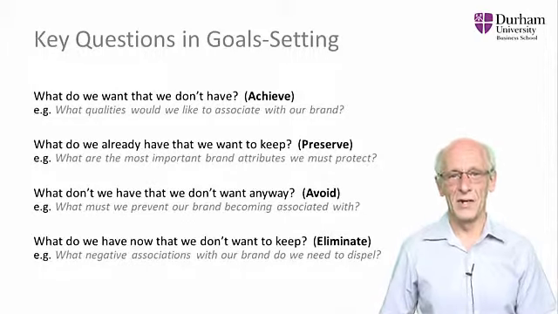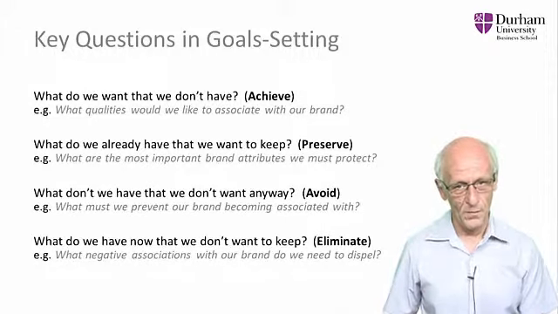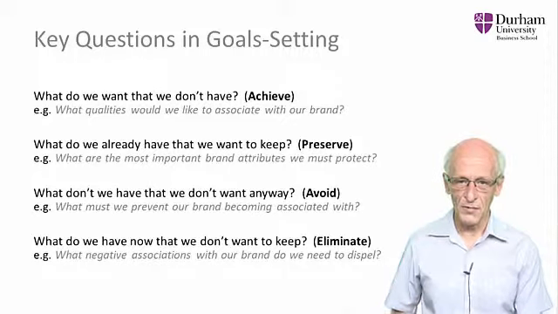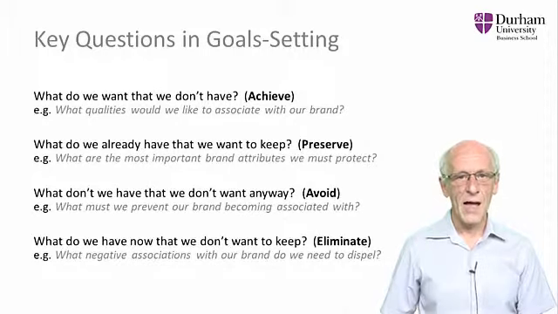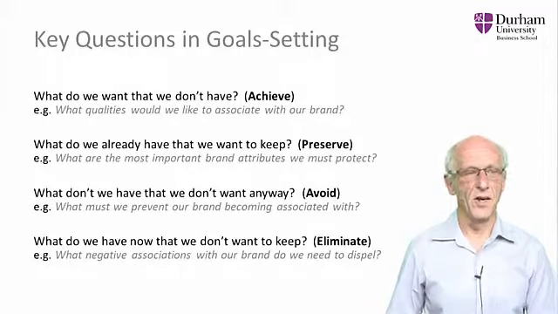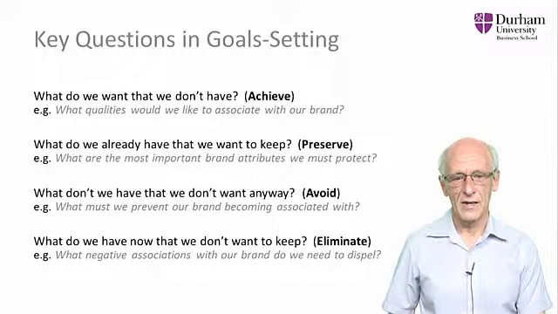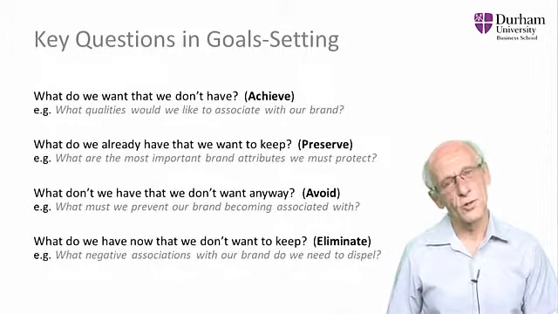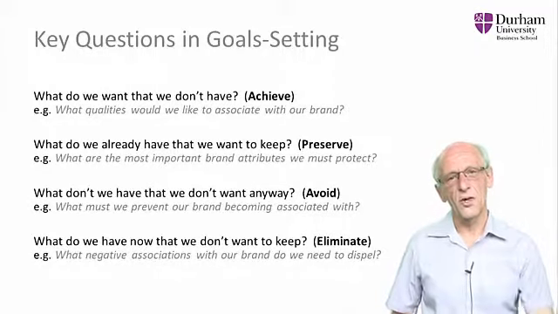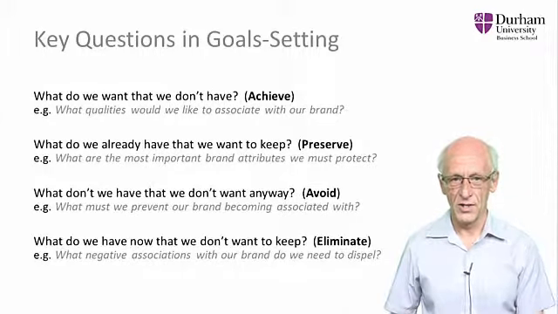And finally, there's eliminate. What have we got at the moment that we really don't want anymore? This can sometimes be focusing on negative factors. So perhaps negative associations are built up around a brand. A TV documentary might have suggested that the manufacturers we outsource to in another country haven't been as ethical as we claim we are being as an organization.